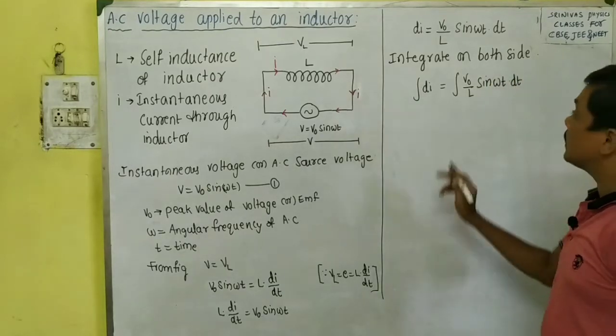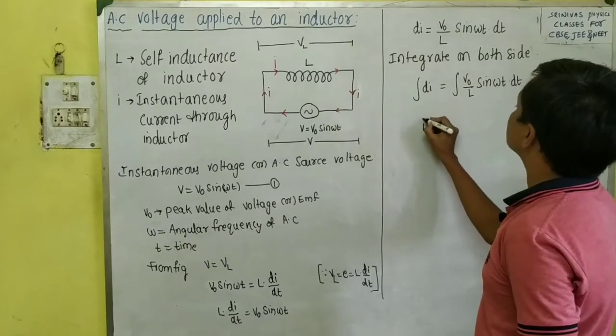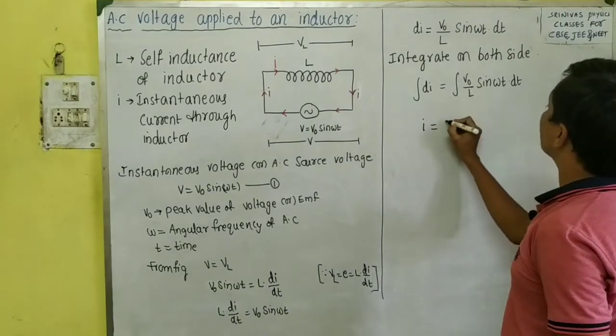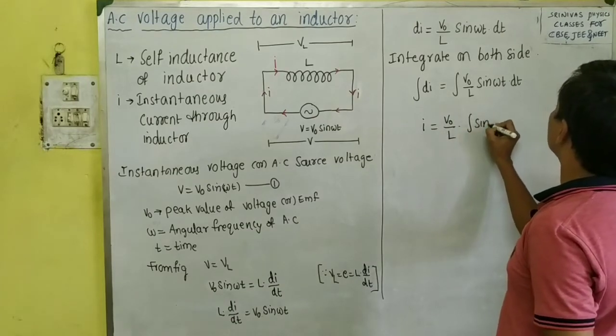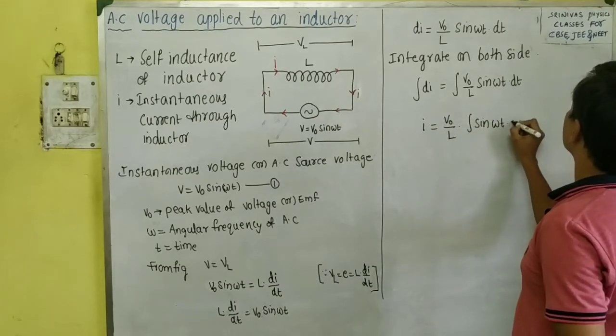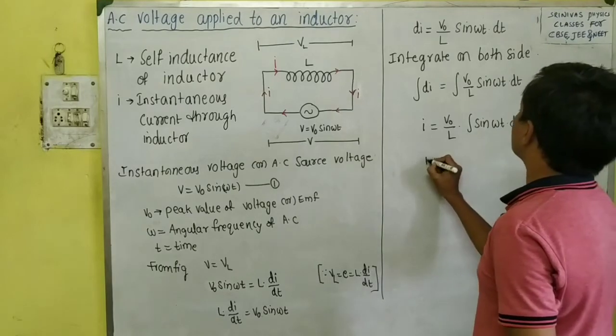Here integration di is nothing but I. V0 by L we can keep outside, it's a constant. Then integration sin omega t dt. What is integration sin omega t?